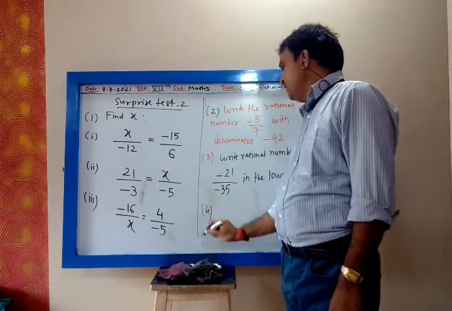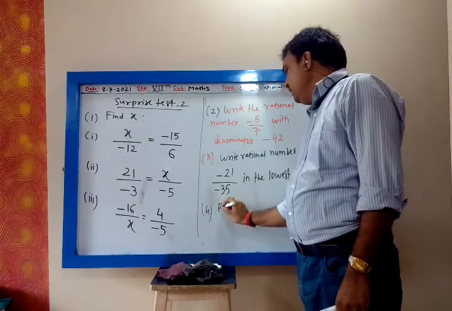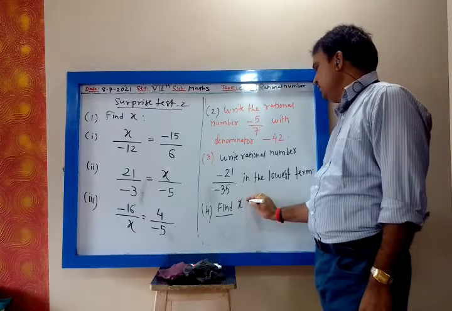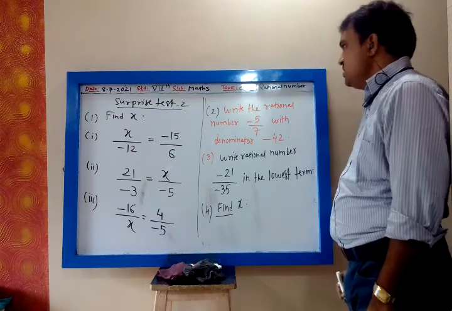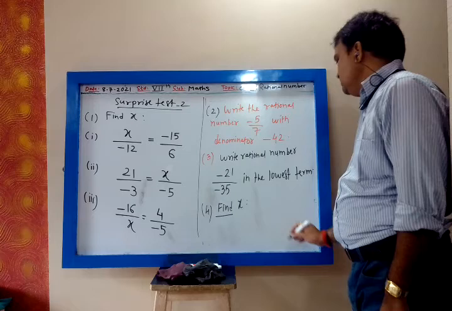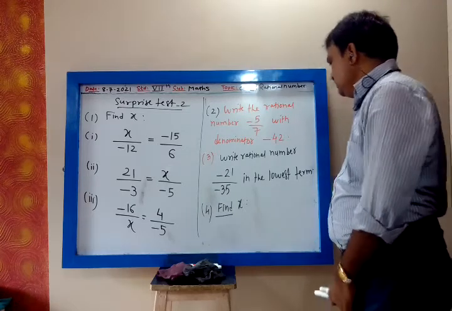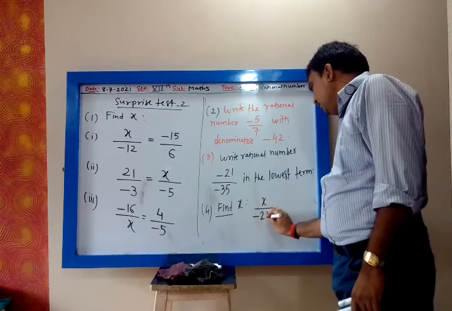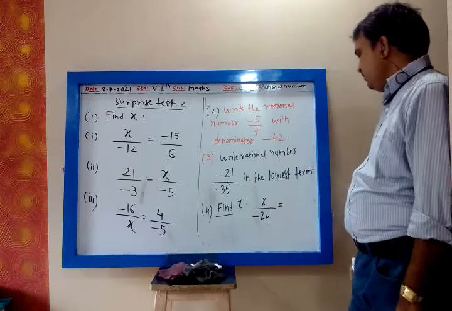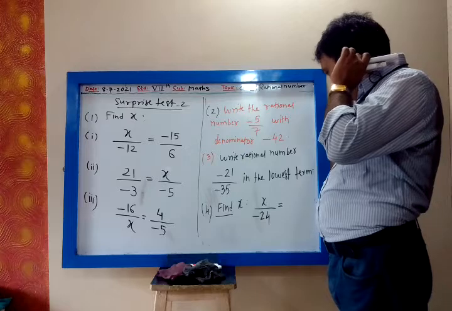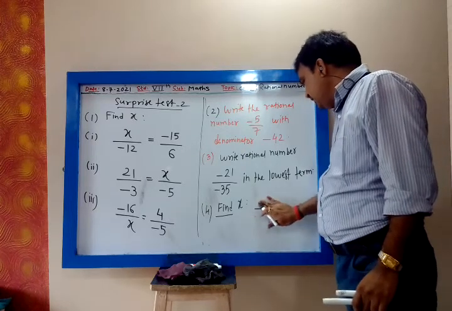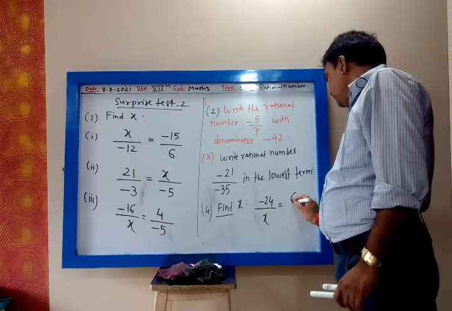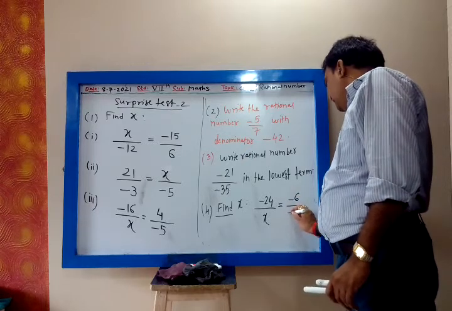Then fourth question, find X. X upon minus 24 is equal to minus 6 upon minus 3.